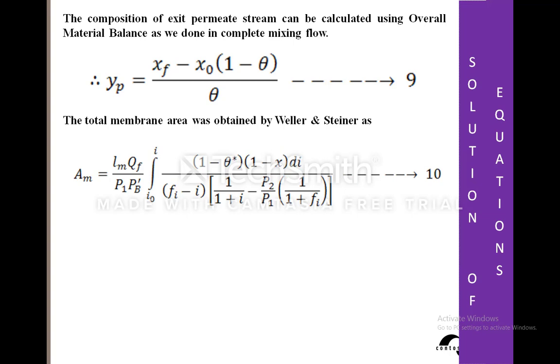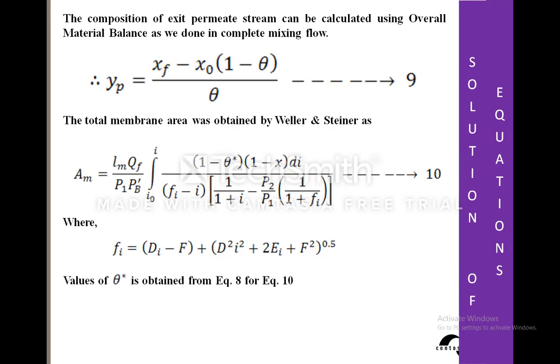This Am can be easily integrated, as there is a theta star present in that. That theta star can be easily obtained from your equation 8. So from equation 8, you calculate the theta star and substitute in your equation 10. Clear everyone? Here I have given some Is and I0, which is nothing but the value of I at the feed, and I0 is at the outlet.